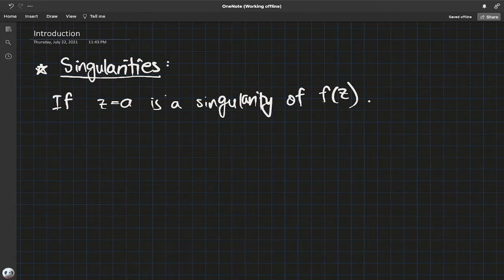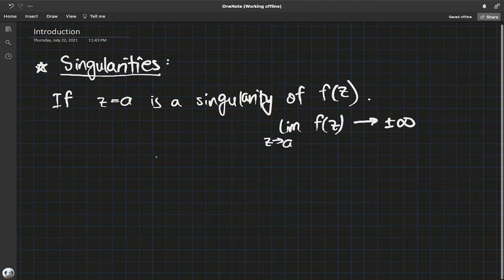What I mean by a singularity is that if you take the limit as z goes to a, f of z is going to diverge to positive or negative infinity, or it can keep oscillating if it's like a circular trigonometric function. This is a really informal definition of a singularity, but I think that works. So you can think about this as like a danger point.